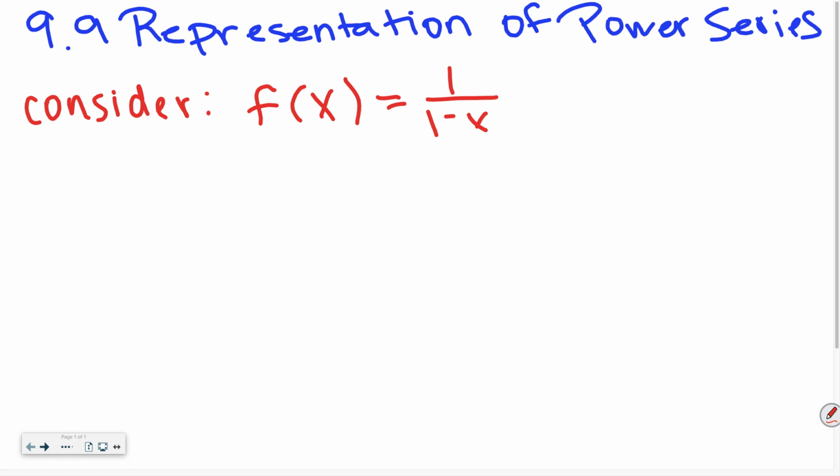Okay, so consider this as our function. Consider f of x equal to 1 over the quantity 1 minus x, or just the quantity to the negative 1.